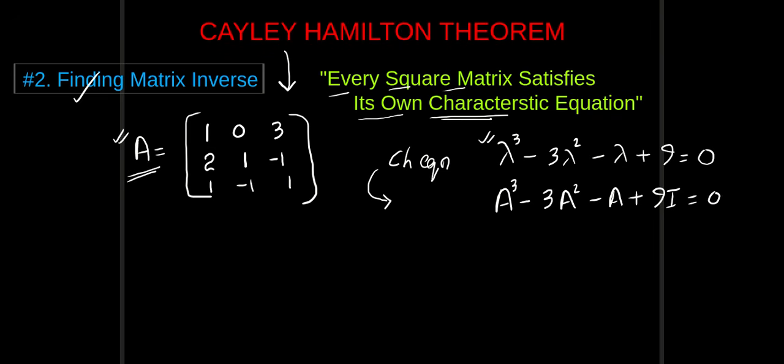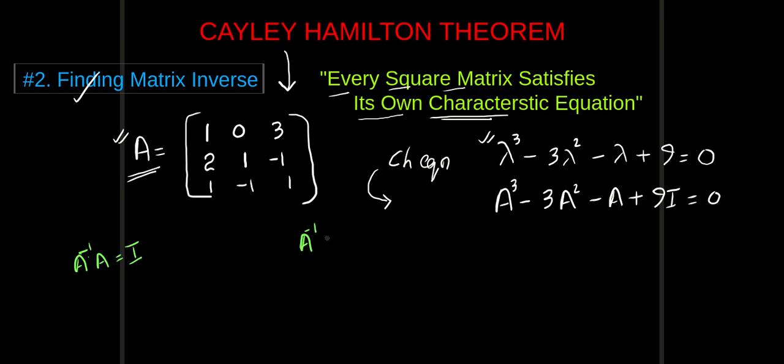Okay, now in the next step, what we do is, we multiply throughout by A inverse. And always remember, A inverse multiplied by A gives identity matrix.